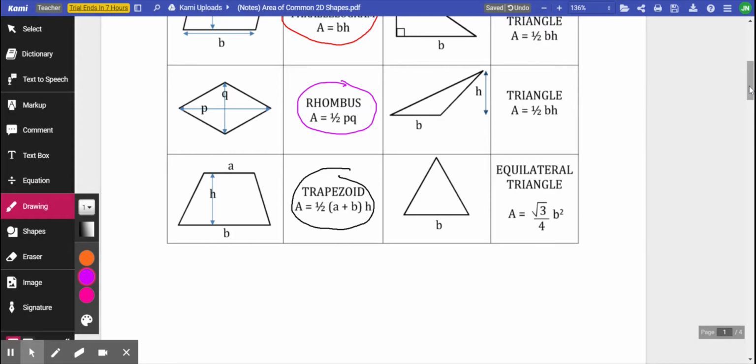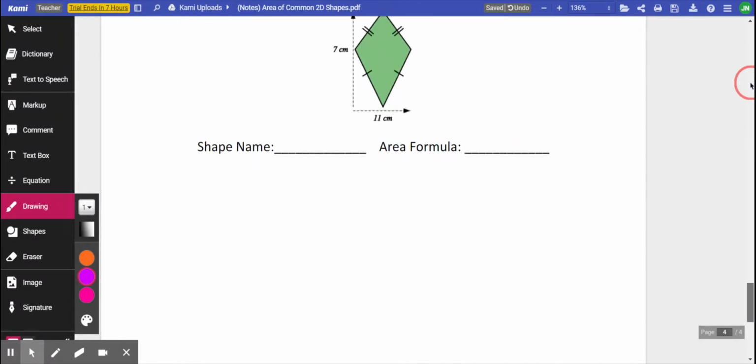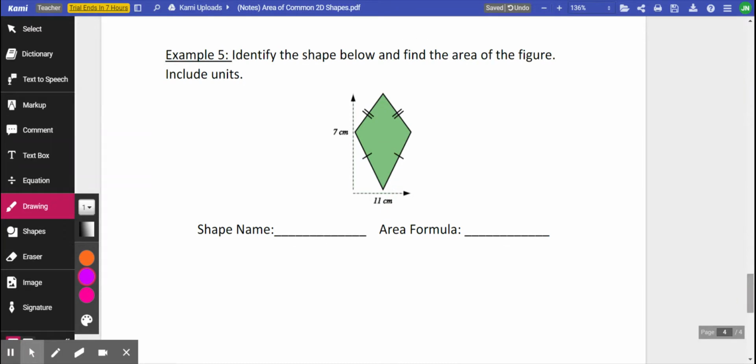But in this case, we're not looking at the base or the height. We're looking at how far it extends from corner to corner. So, for example, from here to there, the distance from there to there is 11, as it is on the bottom here. And the distance from the top to the bottom is 7, as it is on the left hand side here.